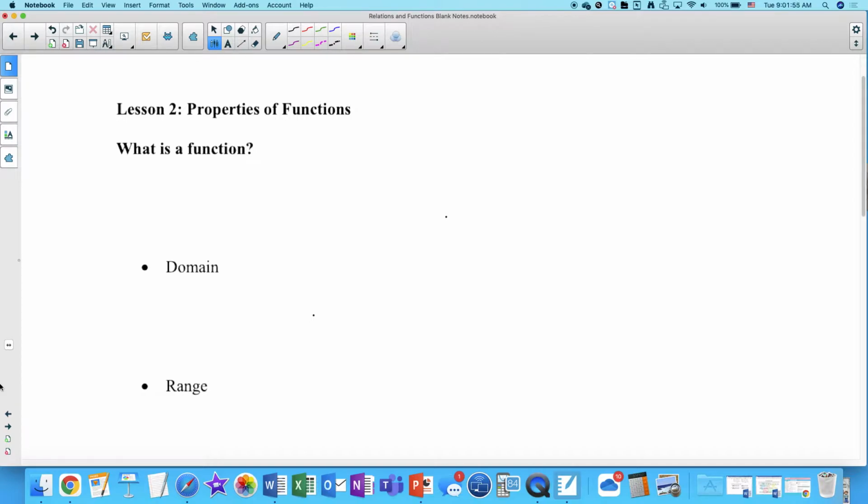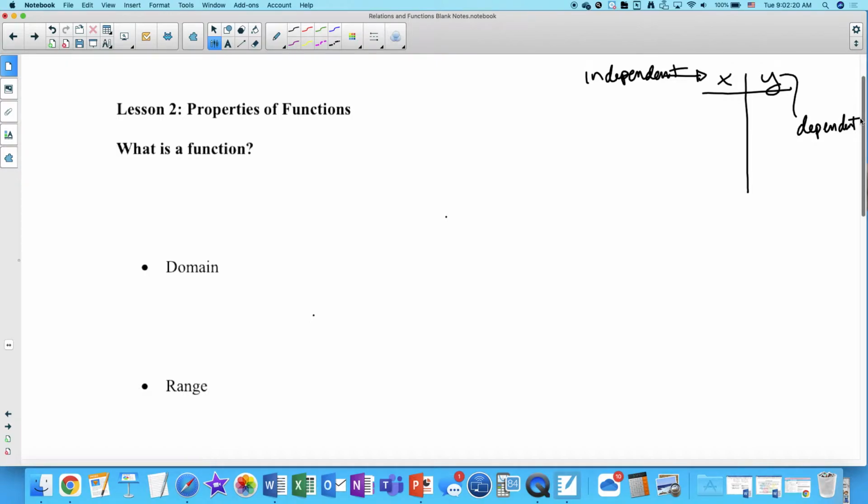For example, if you're making a table of values, then the independent variable always goes on the left, and the dependent always goes on the right.